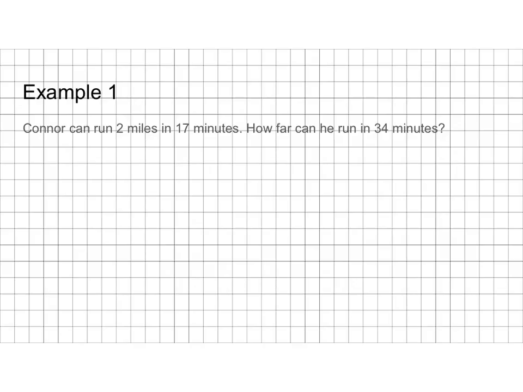All right, so for our first example, Connor can run 2 miles in 17 minutes. How far can he run in 34 minutes? So let's set up our proportion. That's the same thing as saying let's set up our equivalent ratios.